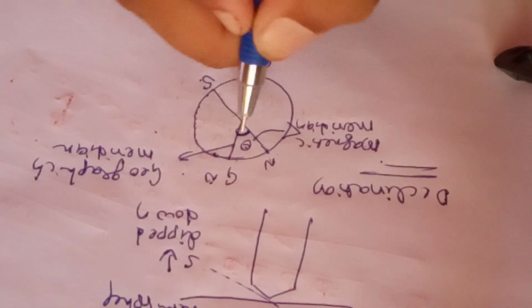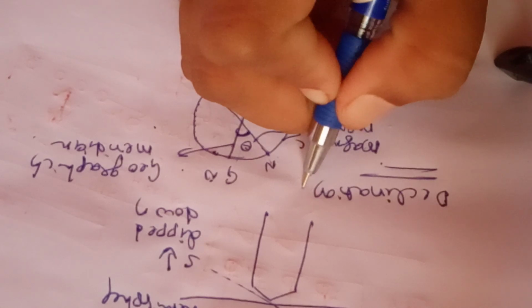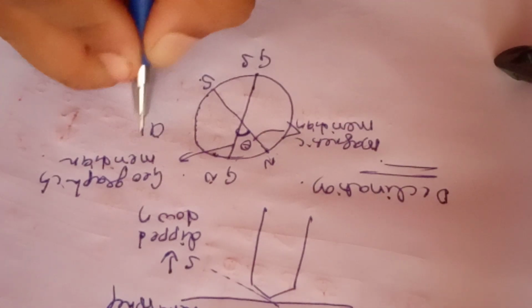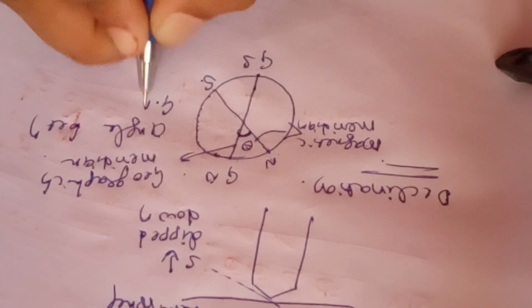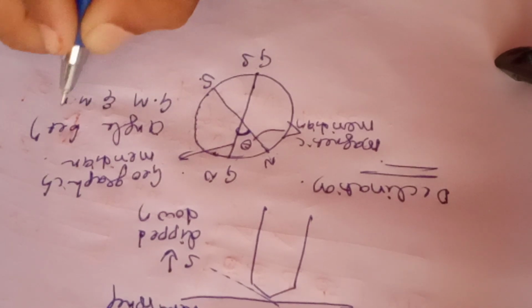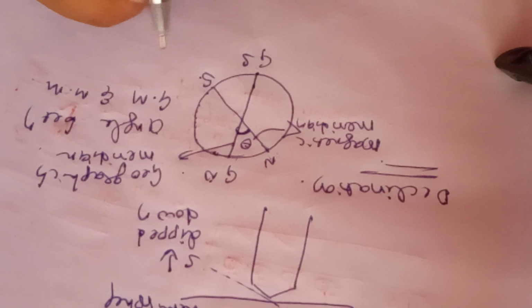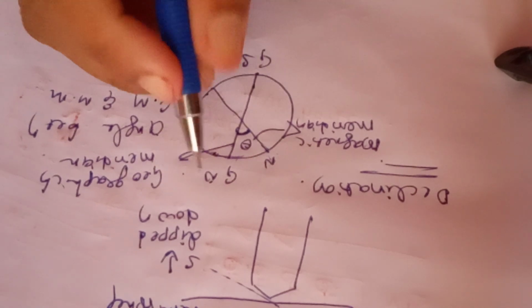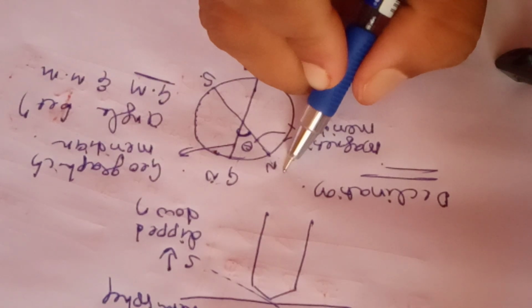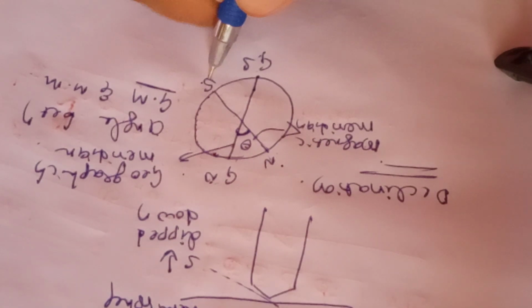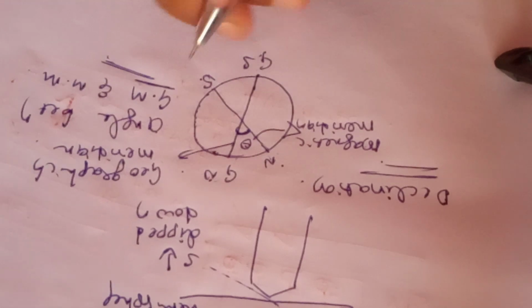So this angle we call it as declination. So what is declination? The angle between geographic meridian and magnetic meridian. This we call it as declination.